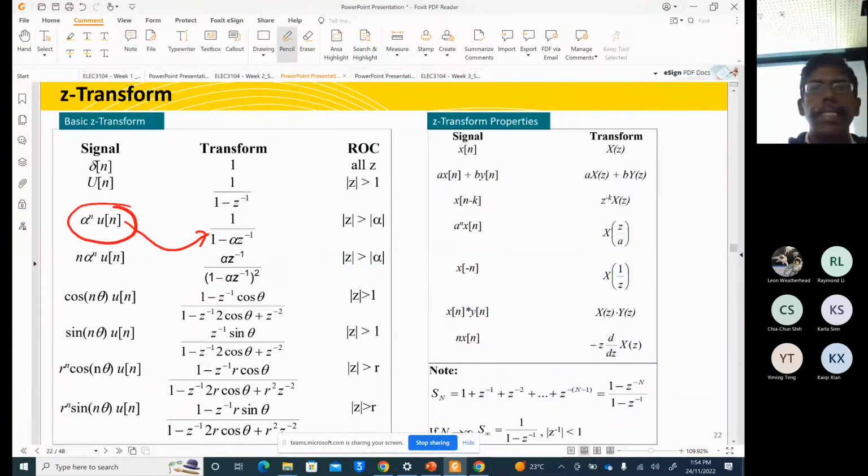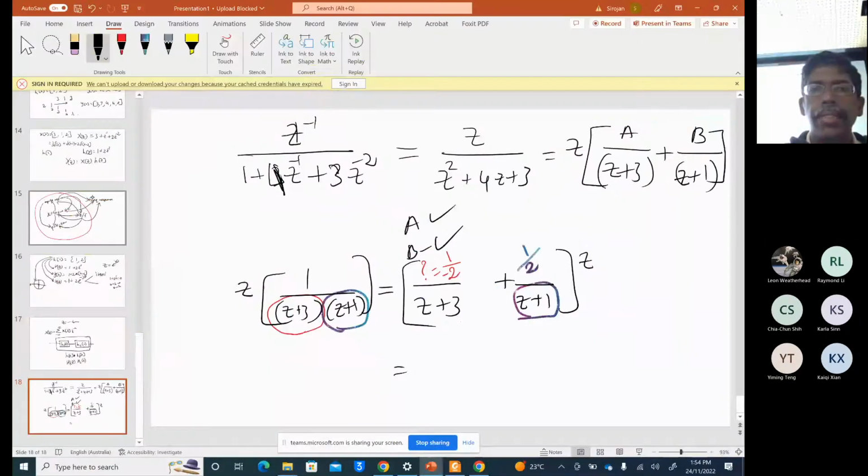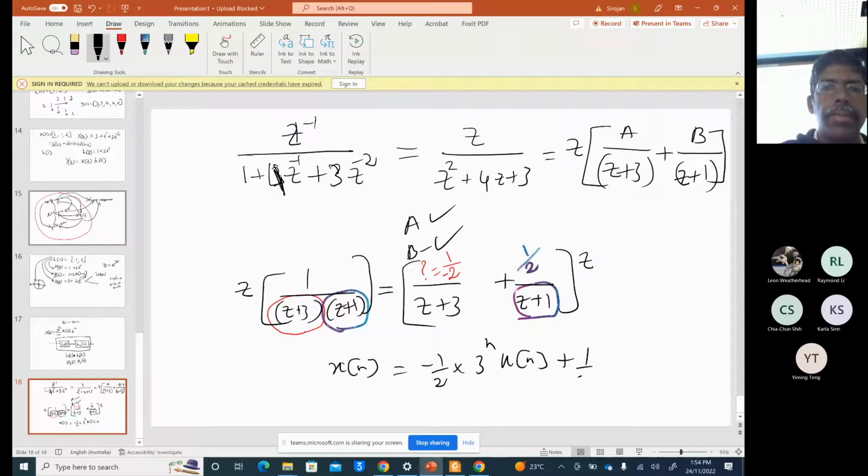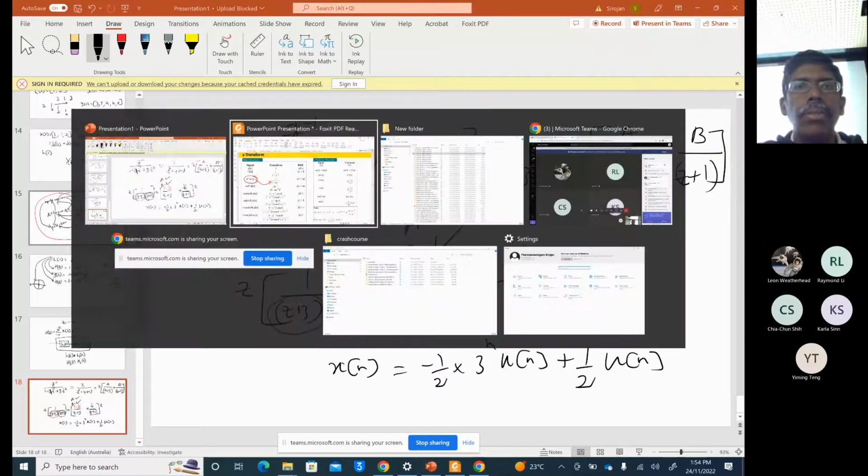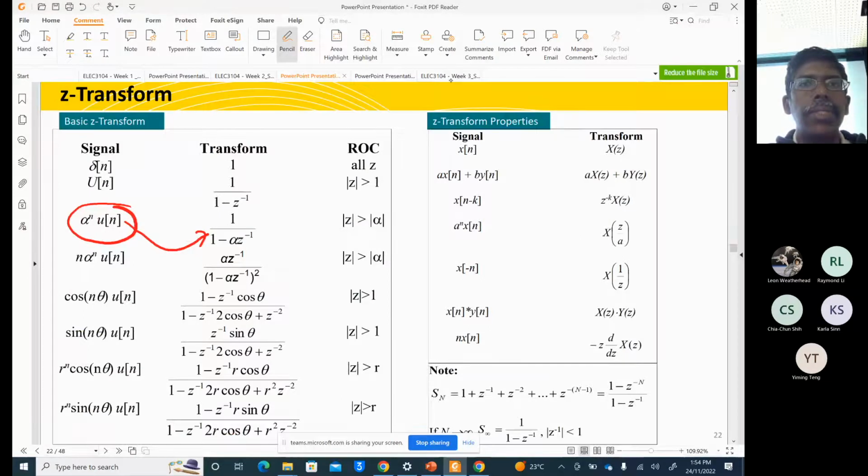So you can write x[n] as minus 1 by 2 into (minus 3)^n u[n] plus 1 by 2, where a is 1, so u[n]. Likewise, you can write this one. Okay, so that's about Z transform and inverse Z transforms.